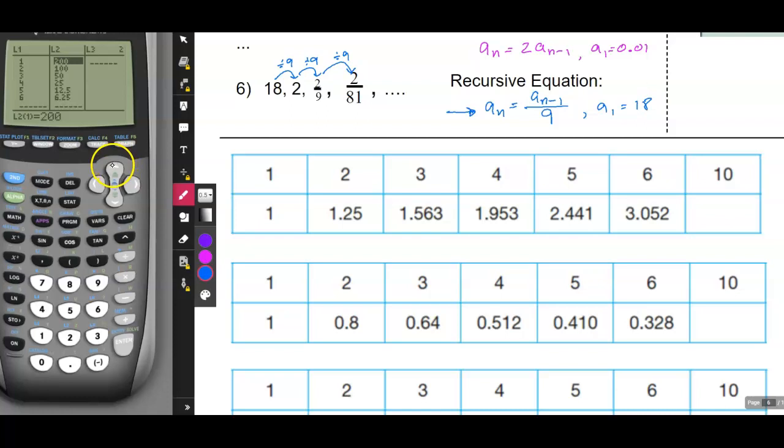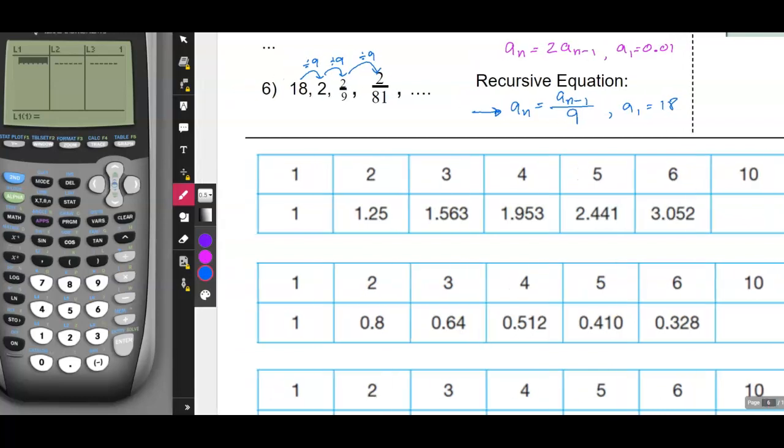And if you want to clear the list all in one go, scroll up to the L1 or L2 and press Clear, and then scroll down. So the first row is always your X values. The second row is your Y values. So our X values are 1, enter, 2, enter, 3, enter, 4, 5, 6.